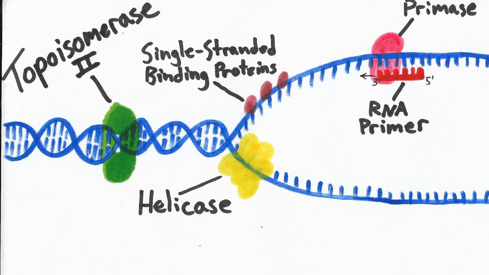Then there's this enzyme called topoisomerase 2. The enzyme topoisomerase 2 is what will help prevent supercoils. All you've got to remember about topoisomerase 2 is that it relaxes the DNA. It's going to remove those supercoils, make everything nice and even and good to go.